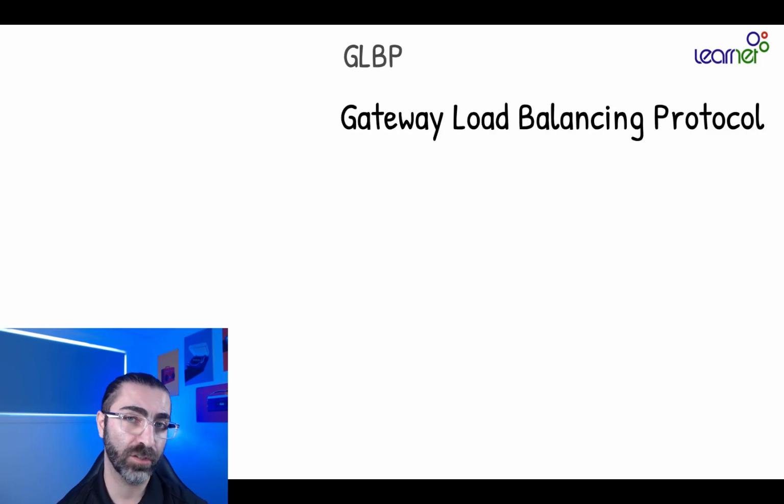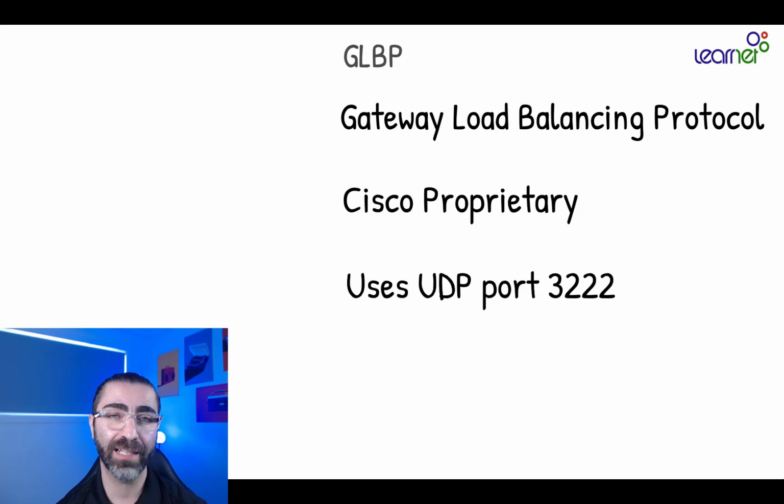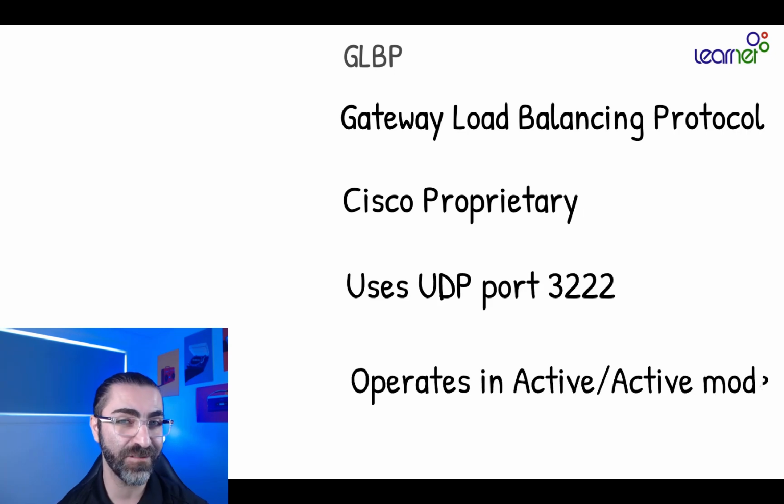And last but not least, GLBP, which stands for Gateway Load Balancing Protocol. Like HSRP, this is a Cisco proprietary protocol and uses UDP port 3222. And it operates in active active mode, which is the key difference between GLBP and VRRP and HSRP, which actually makes it provide redundancy as well as load balancing.